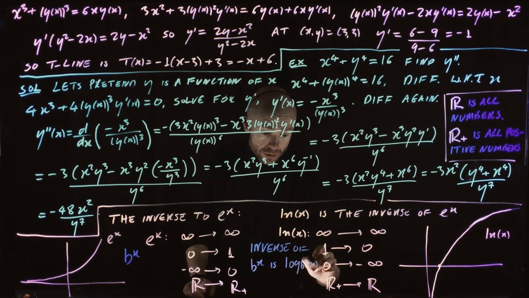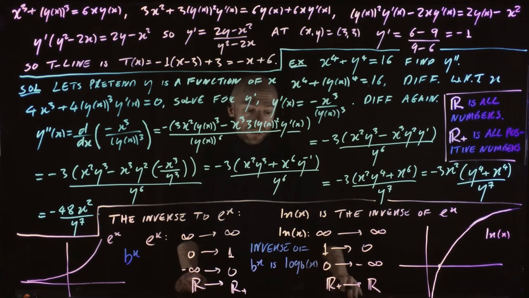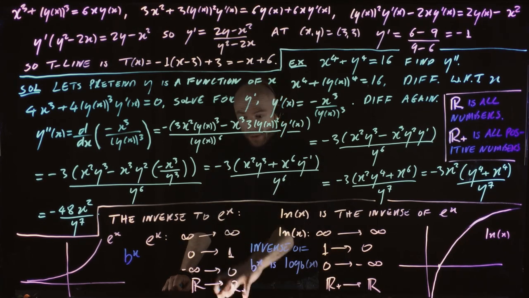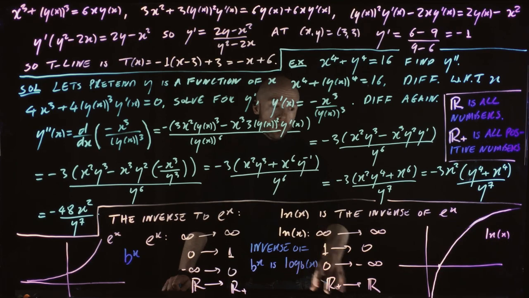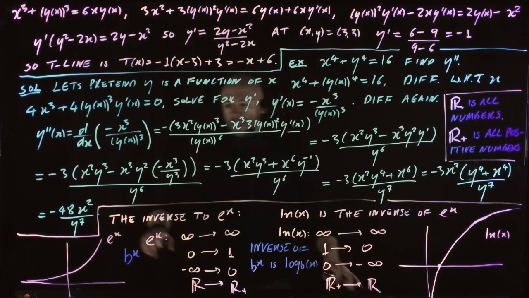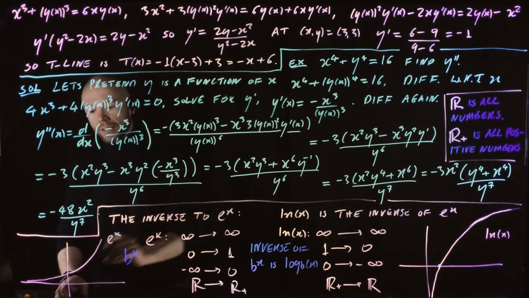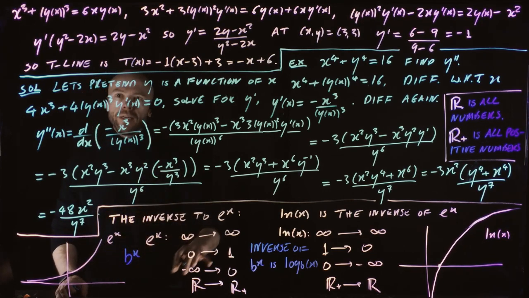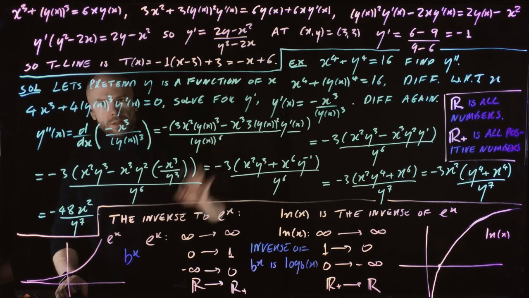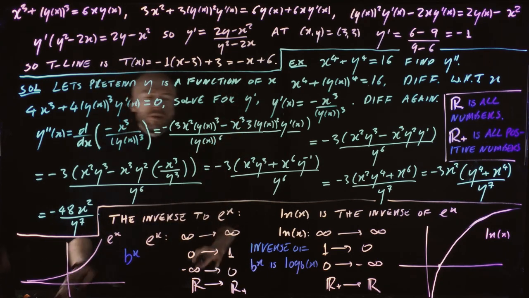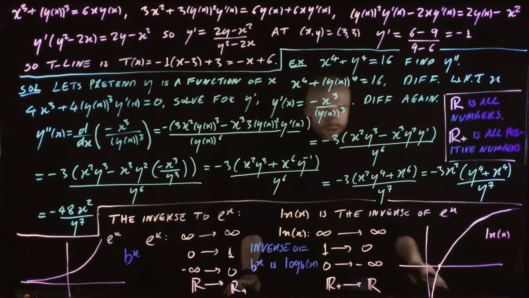That's all it is. And all those properties that e to the x satisfies, b to the x satisfies, and log to the base b also satisfies. But b to the x will either be growing a bit faster or a bit slower. If b is bigger than e, it'll be growing faster. If b is less than e, it'll be growing slower. But the basic properties are the same, and it still grows incredibly fast. And the same thing for log base b.